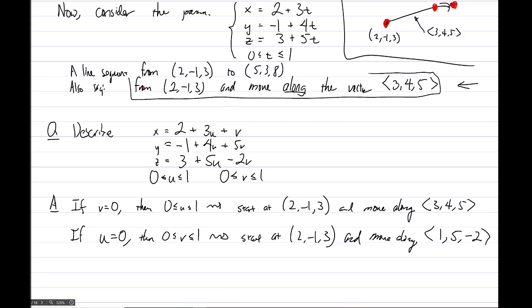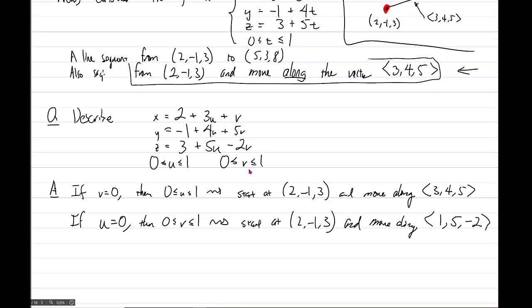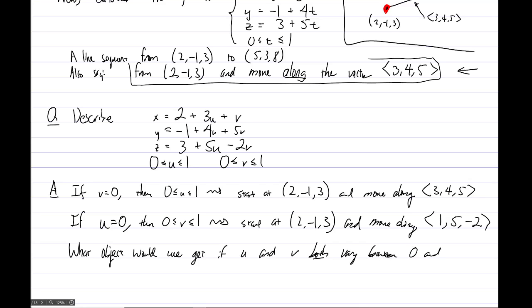So now, think about what would be happening. What object are we going to get when we allow both variables to vary? What object would we get if u and v both vary between 0 and 1?